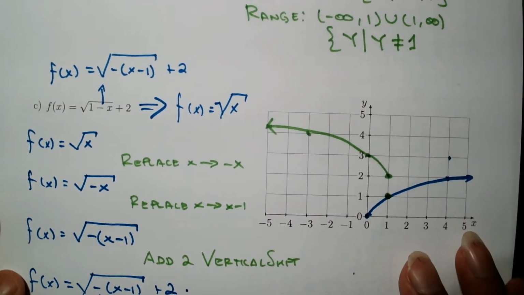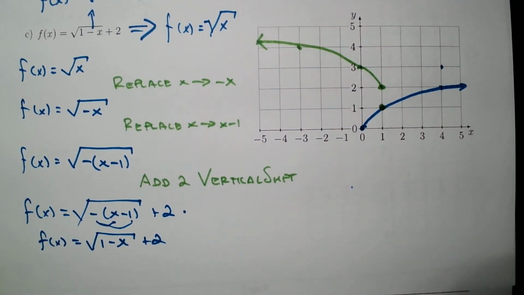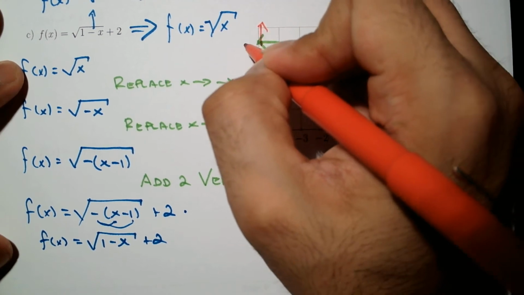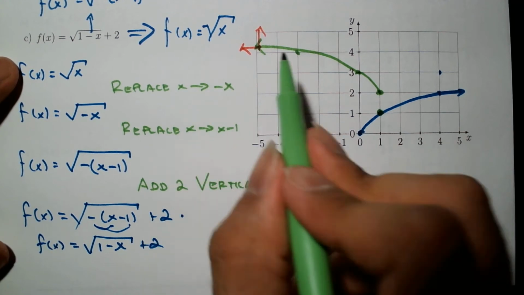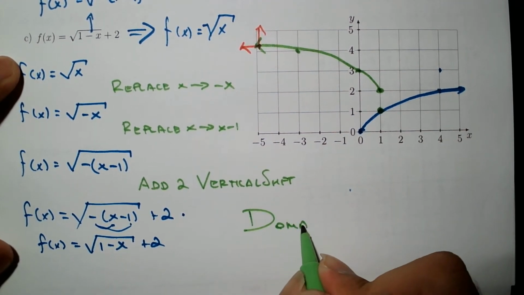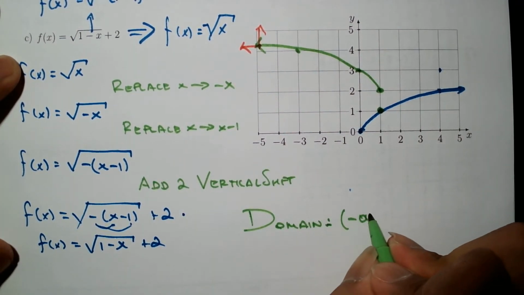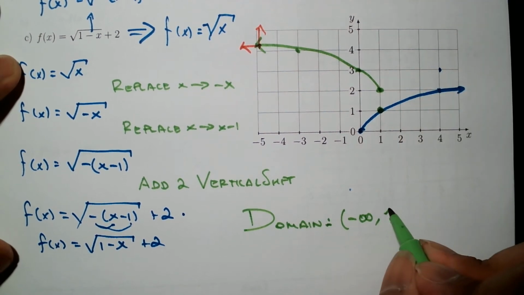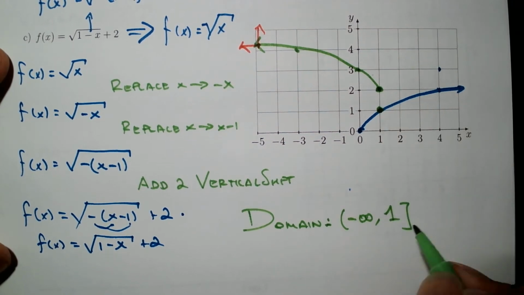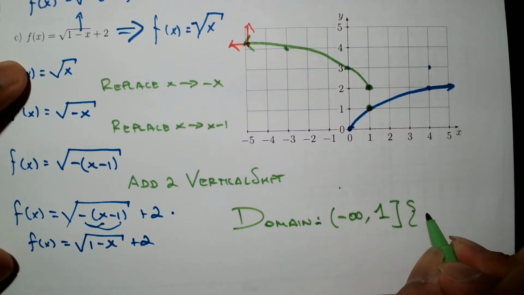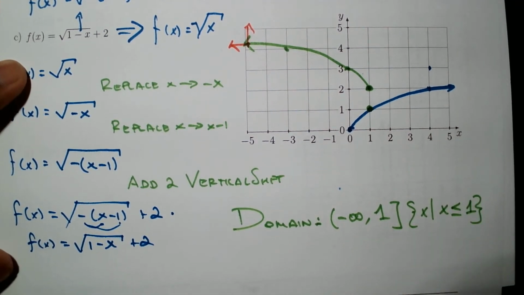Now, for this third example, again you might want to use the trick to break this up into the 2 directions. So scan the graph from left to right to get the domain, which in this case goes from -infinity to +1, including the 1, because we have a solid point. We don't have an open bubble to exclude it. In set notation, x such that x is less than or equal to positive 1.